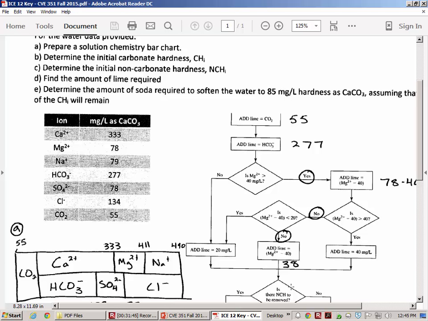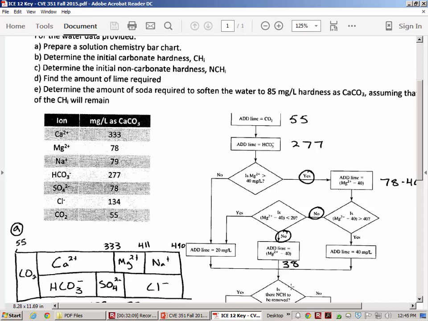What if the reaction only gets around here? Then in the edges, there's a dead zone where the carbonate hardness doesn't get removed. So a little bit of carbonate hardness sneaks through the process.